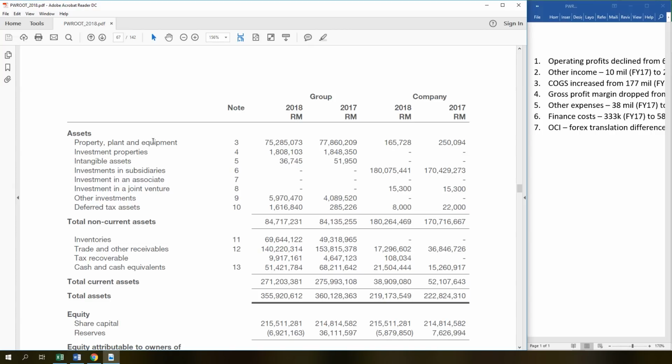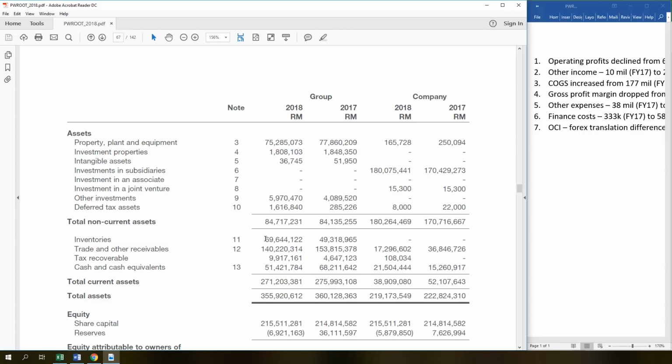Property, plant and equipment. Alright, we will check note 3 later. Other investments. We will check note 9 to see type of investment. Let's move to inventories.